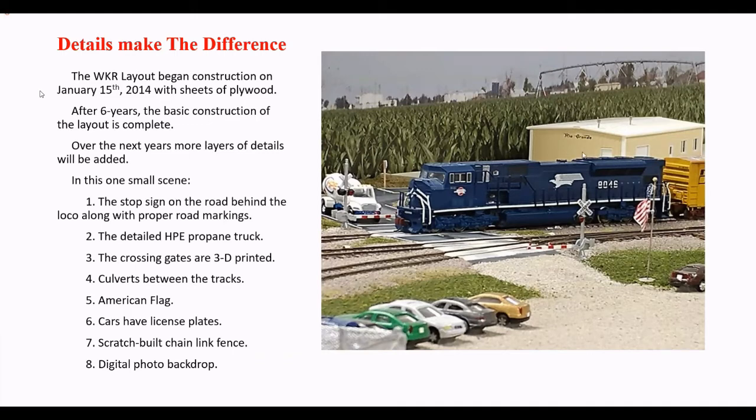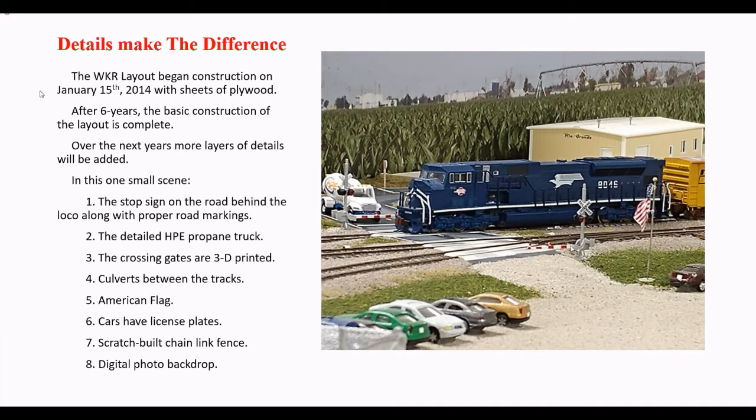So in just this one picture, in this one scene, you have the stop sign back here on the road behind the locomotive with proper road markings at all grade crossings. You've got a detailed HPE, that stands for High Plains Energy, an LP gas truck. Actually, the business is right across the track, so he's waiting to get back.